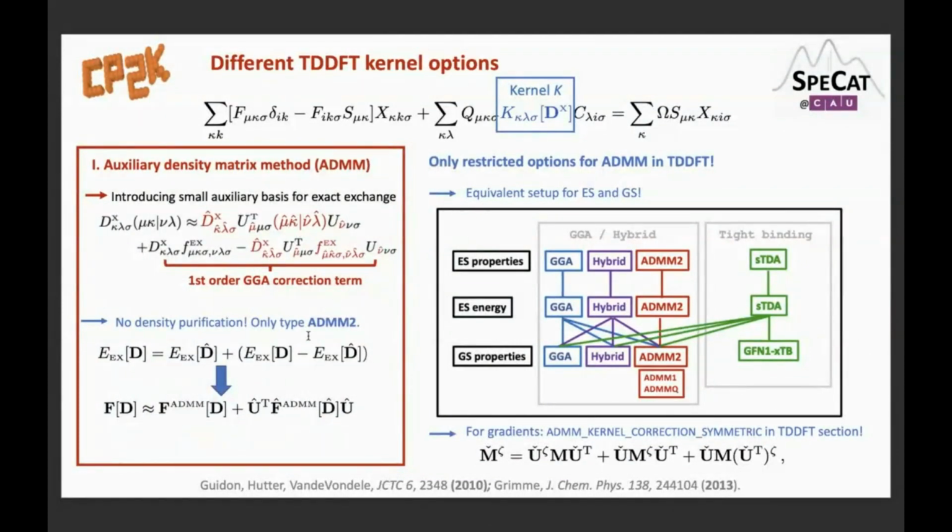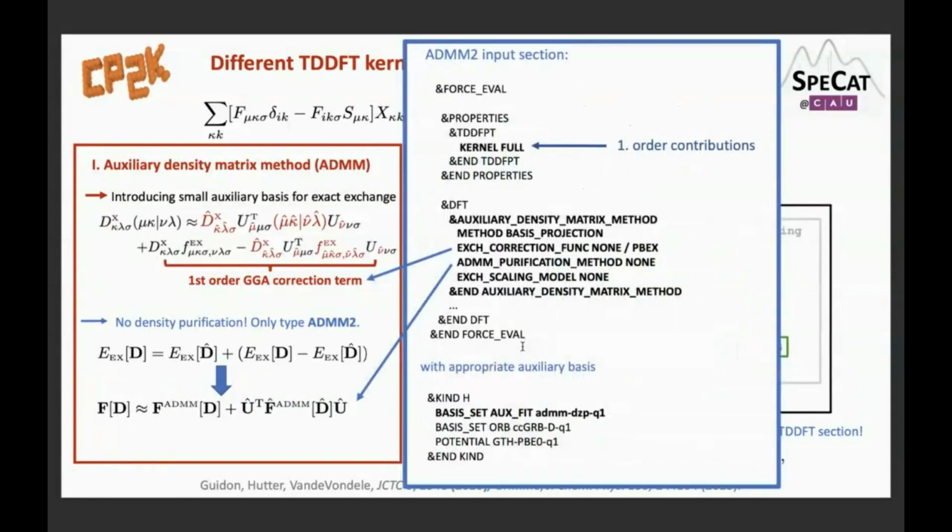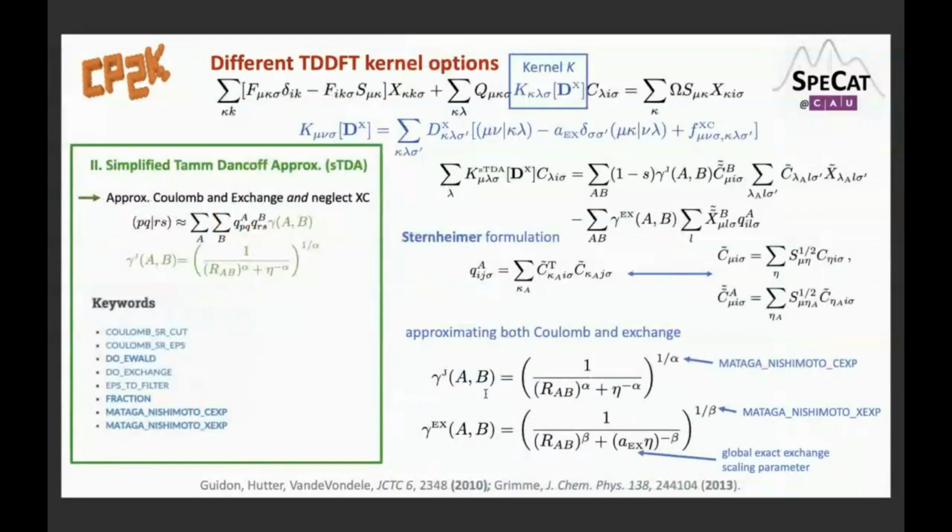This simple ADMM variant, ADMM2, is actually the only variant that is available for the computation of excited state energies and excited state nuclear gradients. So you have to keep this in mind, and you should always have the same setting for the excited state as for the ground state. You can then switch on ADMM by just plugging in the keywords in the DFT section. You should use kernel full to include those exact exchange first order contributions, and you then should of course choose an appropriate auxiliary basis.